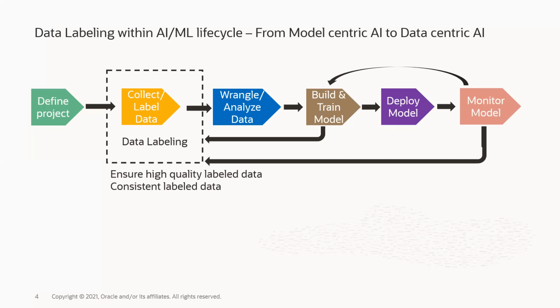and then this process continues. So basically, you can see the AI ops, ML ops is an iterative process, and it all starts with defining a project and having good quality data. So that's where data labeling comes into play, is one part of achieving that AI/ML lifecycle, where you are able to generate high quality labeled data sets and consistently labeled data sets that then can be used to build your initial model and repeat this iterative process.